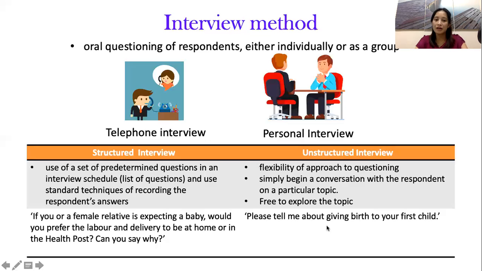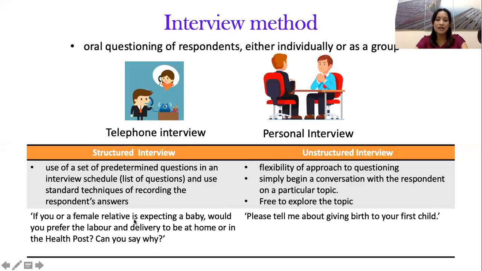So it will depend on you as the investigator on which kind you would like to choose. But usually in the social sciences, we mostly do unstructured interviews.